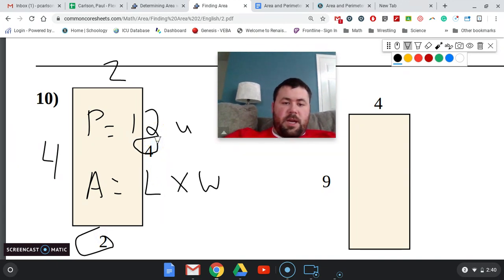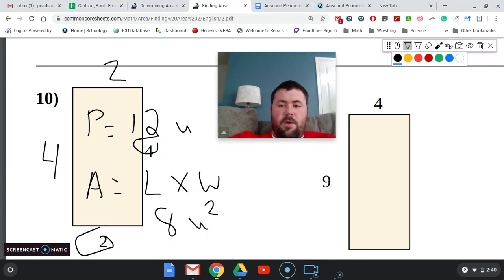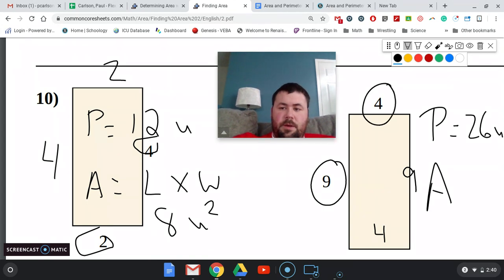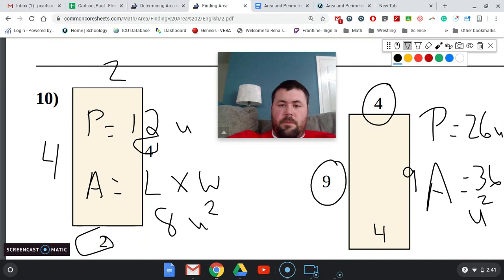And I know 2 times 4 is 8 units, and then squared for area. Okay, on the other side, opposite sides are the same. Perimeter, 4 plus 9 plus 4 plus 9 is 26 units. And the area is length times width, which would be 36 units squared.